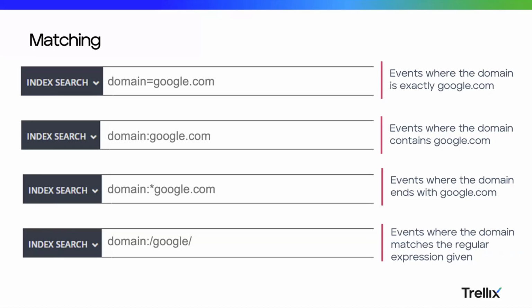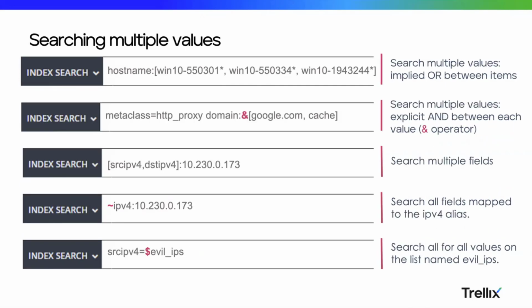All right, let's jump back to some examples, and we'll keep this flow of showing some examples in slides and then seeing it live in the UI. We can search across multiple values. In this first example, we're looking for a few host names, and we could write this out in a long form, right? Host name equals host 1, or host name equals host 2, or host name equals host 3.